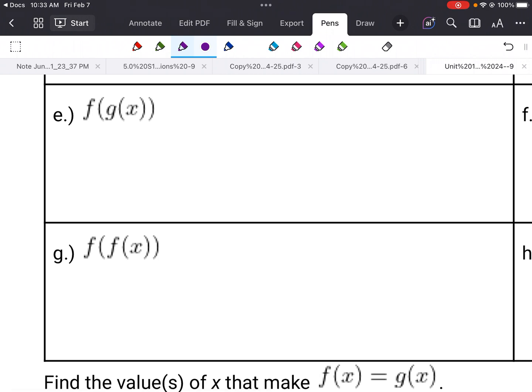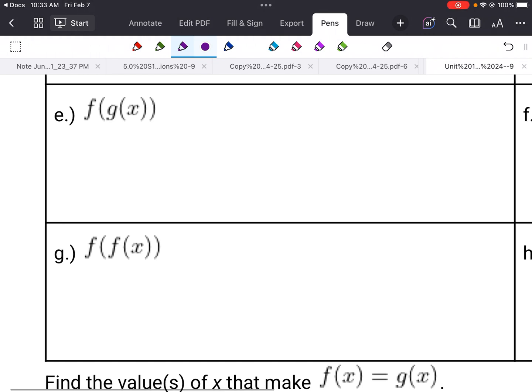Okay, f of g of x. So now there isn't a number in our brackets. So we're just taking the g function, the x squared plus 4x, and replacing the x in the f function with all of that. Okay, so the f function, let's go green. The f function is 2x plus 3.